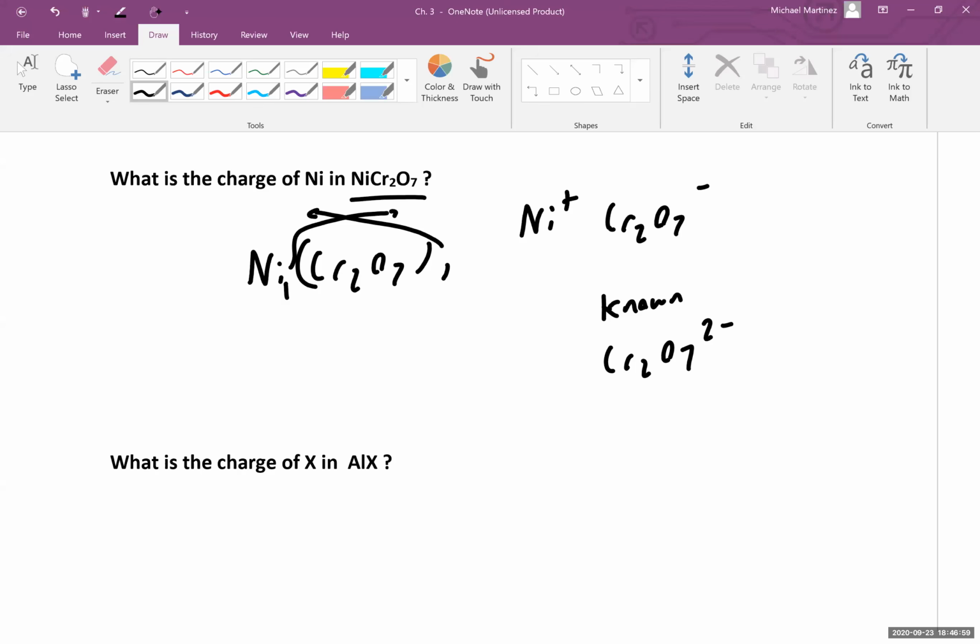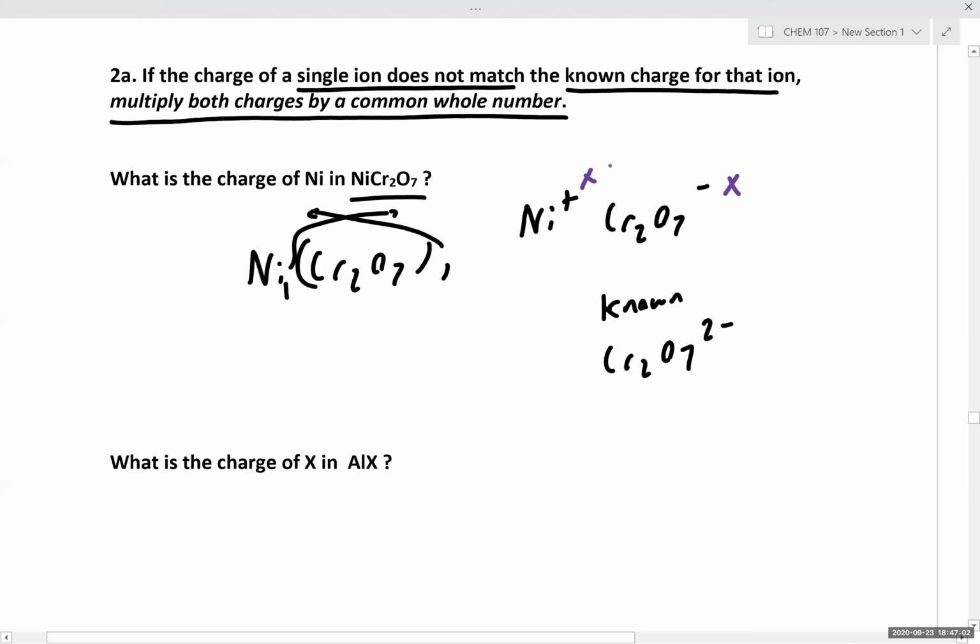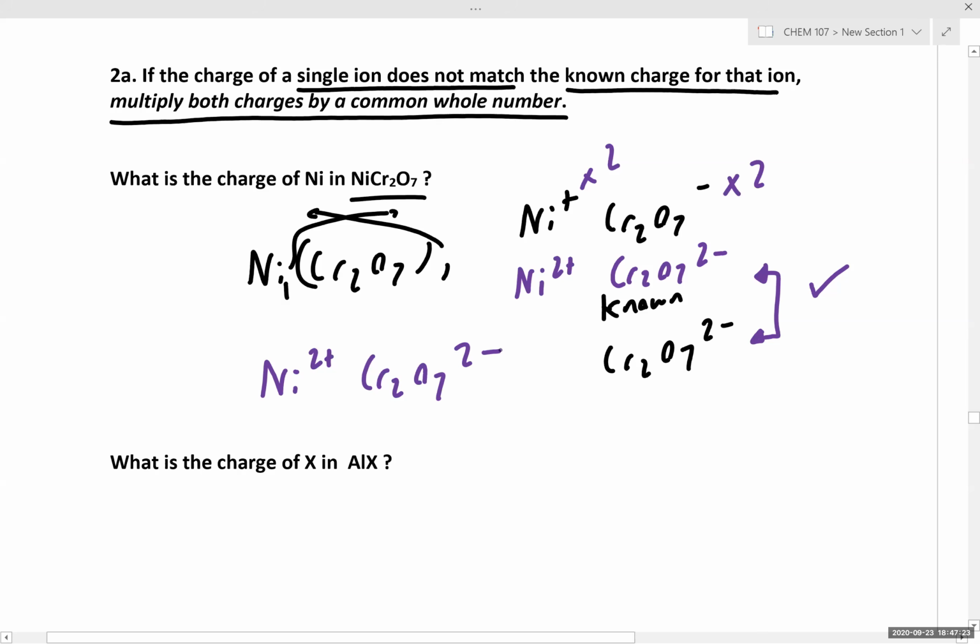So then, to fix this problem, I multiply both of my charges by 2. That in turn gives me nickel 2 plus and dichromate 2 minus. And now my charges match. So nickel has a 2 plus charge and dichromate has a 2 minus charge. Does this idea make sense? Any questions on this idea?